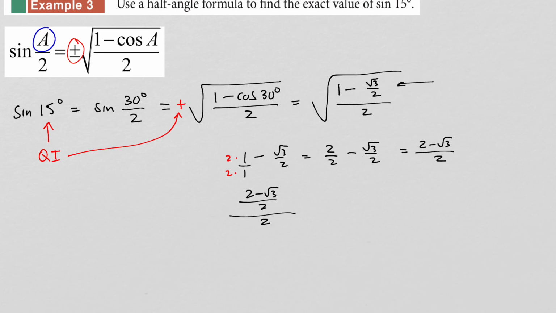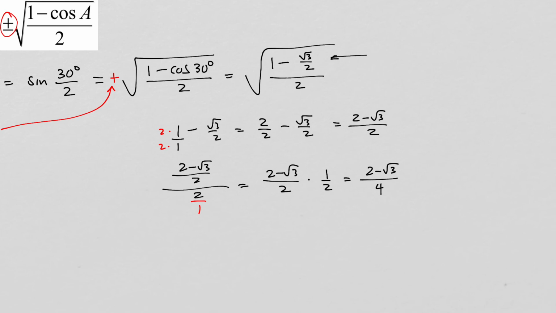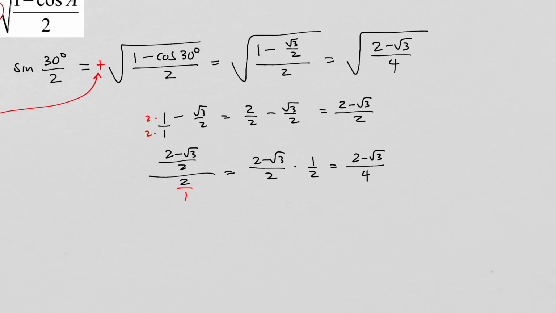Now remember, 2 is the same as 2 over 1. And so this is 2 minus radical 3 over 2 multiplied by 1/2. And if you multiply straight across, you get 2 minus radical 3 over 4. And that's what goes inside of this radical here. So this is equal to the square root of (2 minus radical 3) over 4.